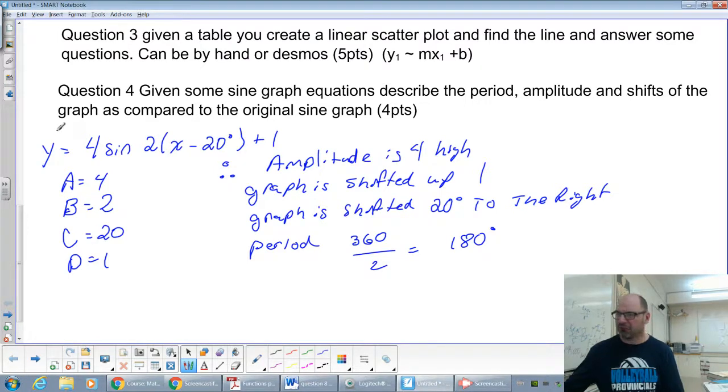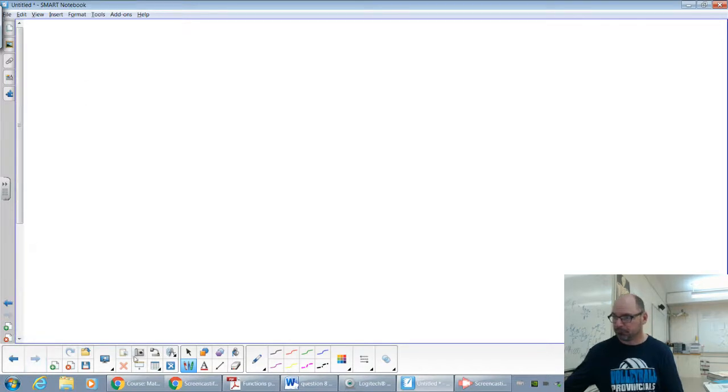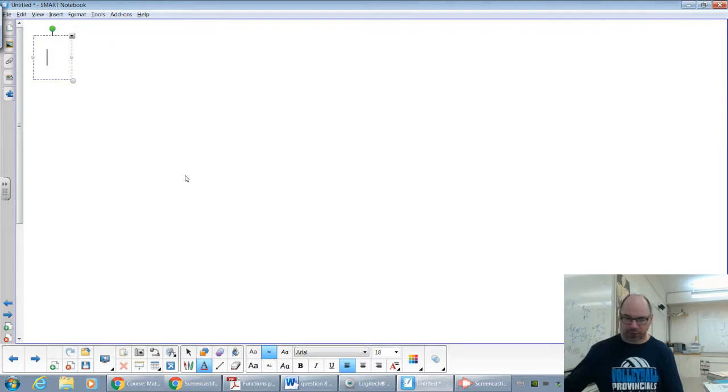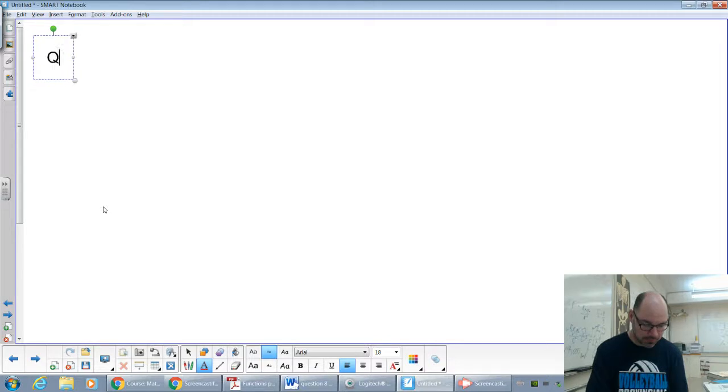Okay, number 5. Let's flip the page here. Okay, so question number 5 is converting degrees into radians. 2 points, 2 of them.